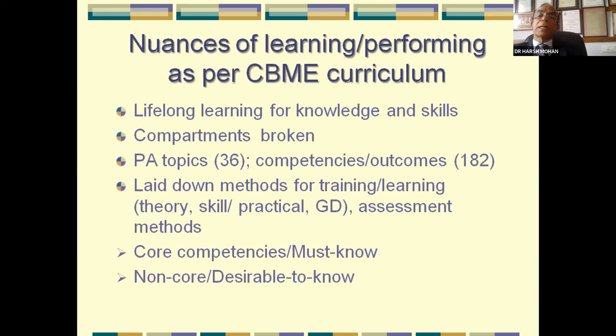The outcomes are in the form of either the theoretical lectures or group discussions or the skill labs or the practical classes. So those include barely about 20 skill lab tests here, because a lot of histopathology has been removed from the CBME competencies or must know, but it's desirable to know for learning the clinical sciences.